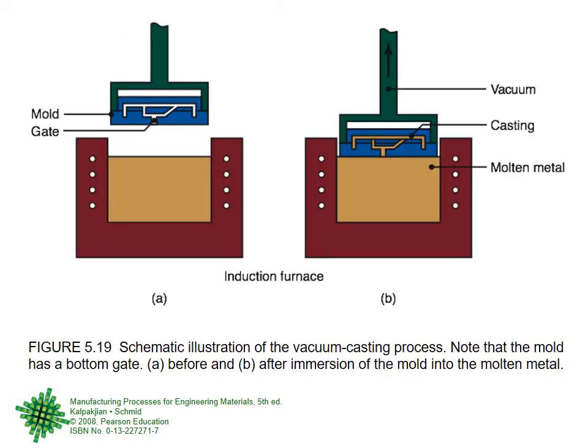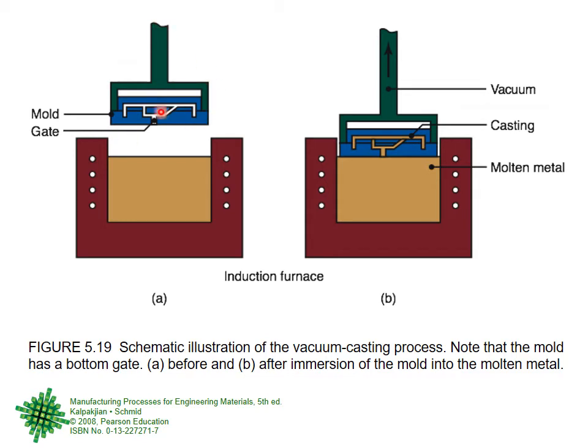So now here is a schematic illustration of the vacuum casting process. Note that the mold has a bottom gate. A is before and B is after immersion of the mold into the molten metal. This is the mold part.